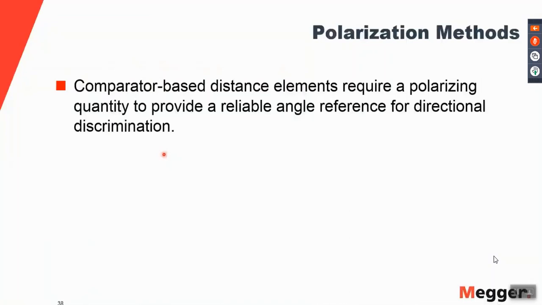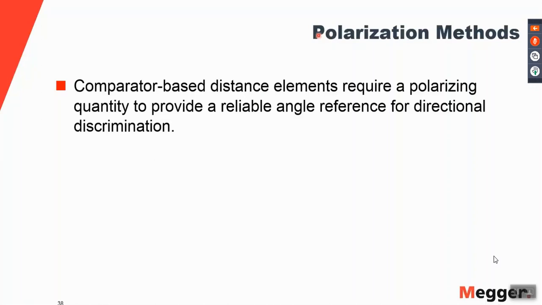All of these impedance calculations that we have been talking about until now are all based on having a voltage to compare with the current in order to determine directionality, which means that when you do not have a voltage that's good enough, then you're going to have trouble determining whether the fault is in the proper direction or not.